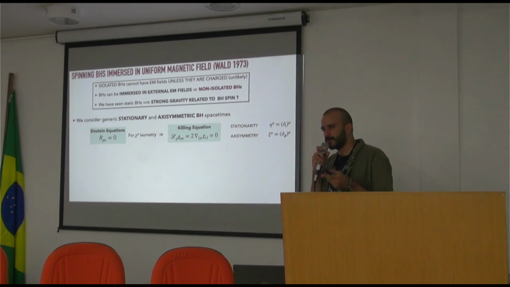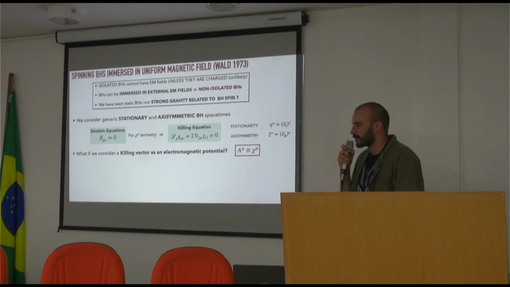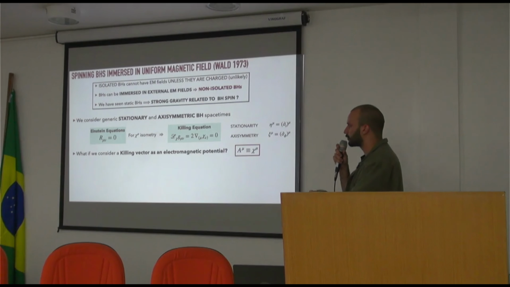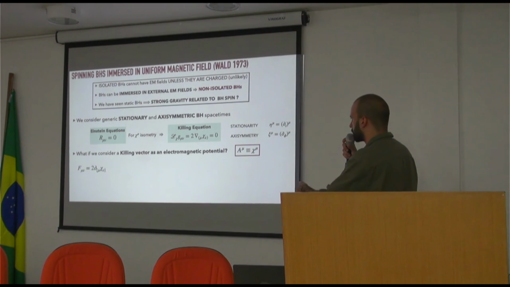Now, Robert Wald asked himself, what happens if I consider that the gauge potential is actually related to one of these Killing vector fields? What can I get out of that? So we plug the Killing vector inside the field strength equation. We can use some properties related to the Lie derivatives and to the Killing equation to kill this term and rewrite the equation this way.